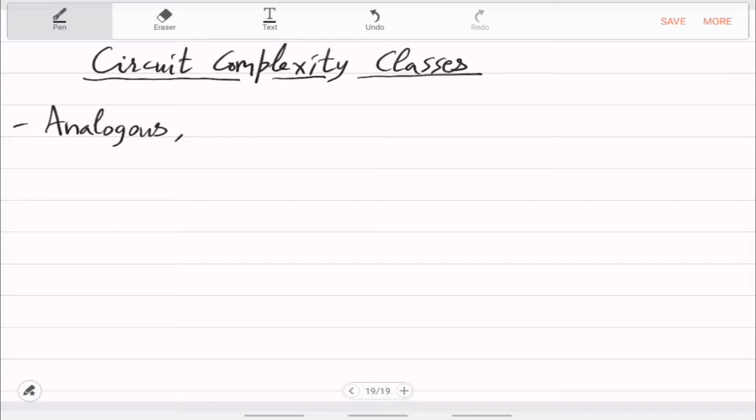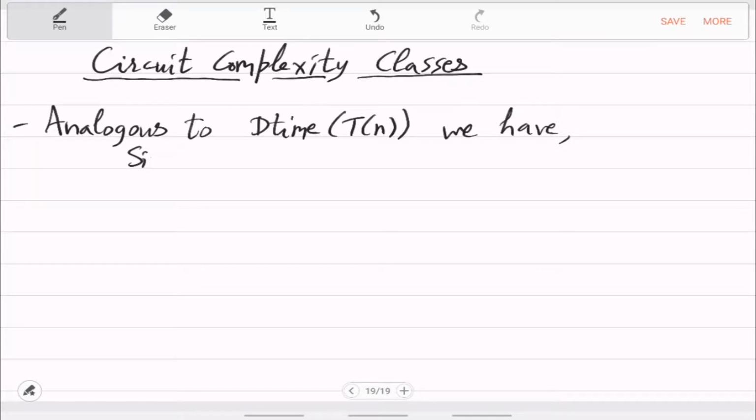So analogous to DTIME of t(n), for any function t, we have SIZE of some function S(n). These are the problems which are solvable in S(n) size.